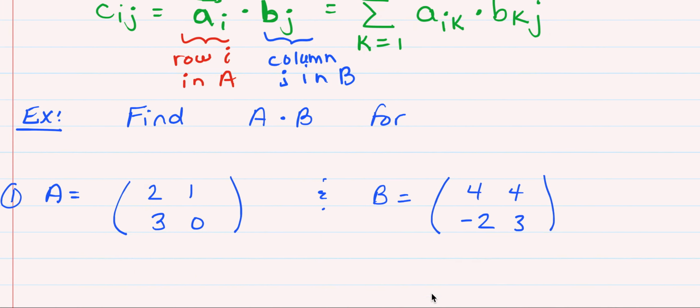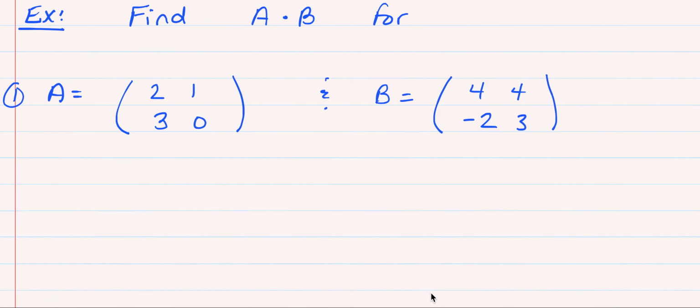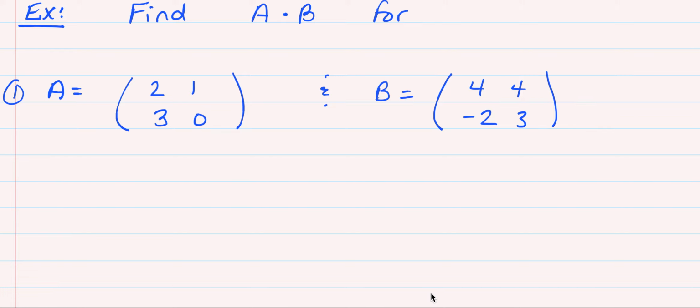Okay. I want to multiply these two matrices. I want to find A times B, where A is this 2 by 2 matrix and B is this 2 by 2 matrix. First off, I want to figure out the size of A times B. So A is 2 by 2, and I'm multiplying it by another 2 by 2 matrix. What was the rule?